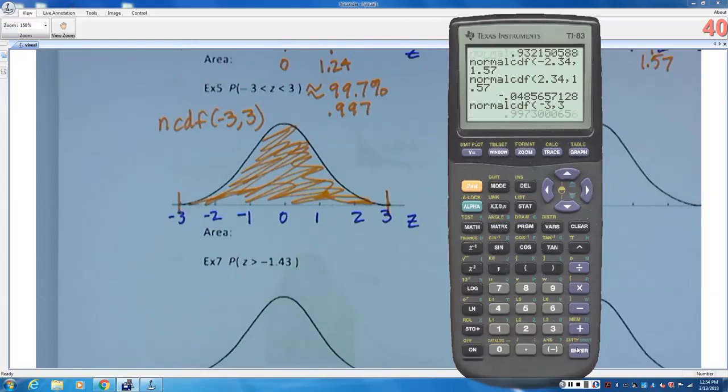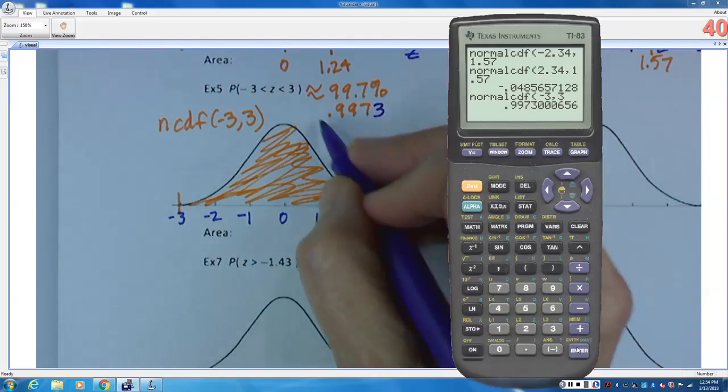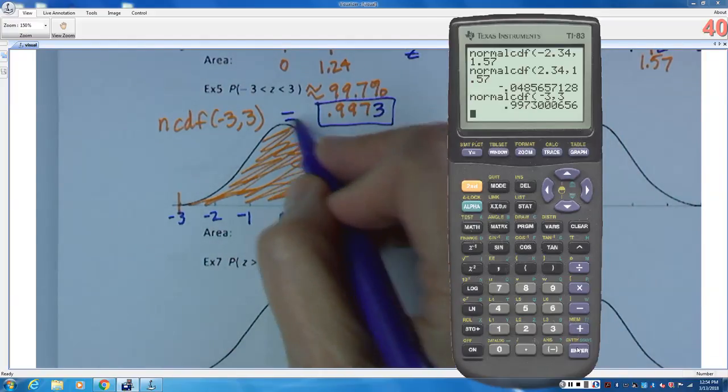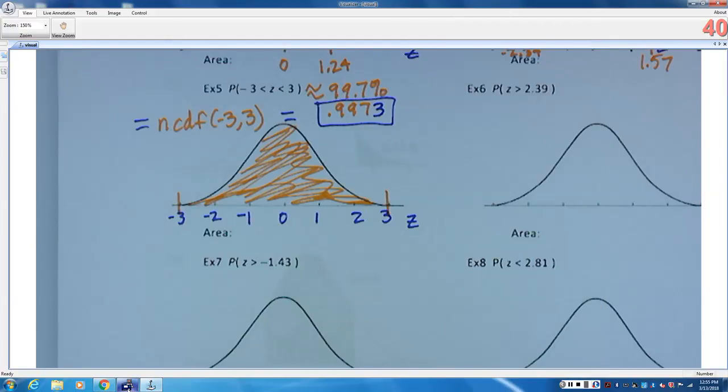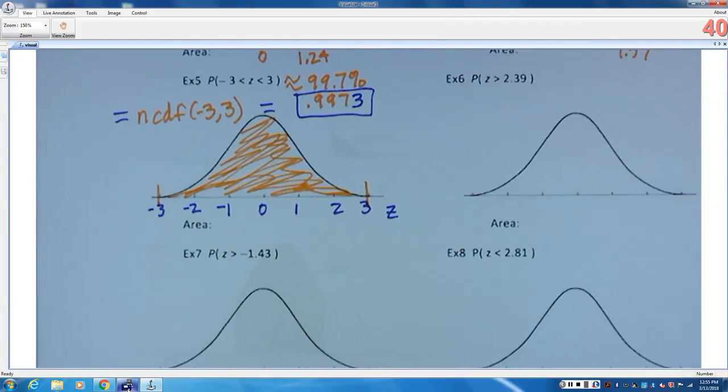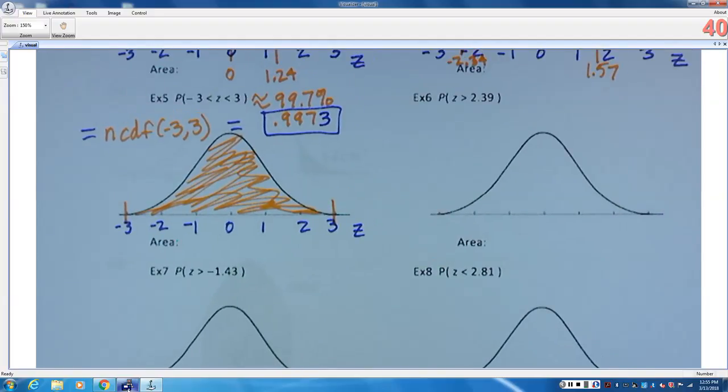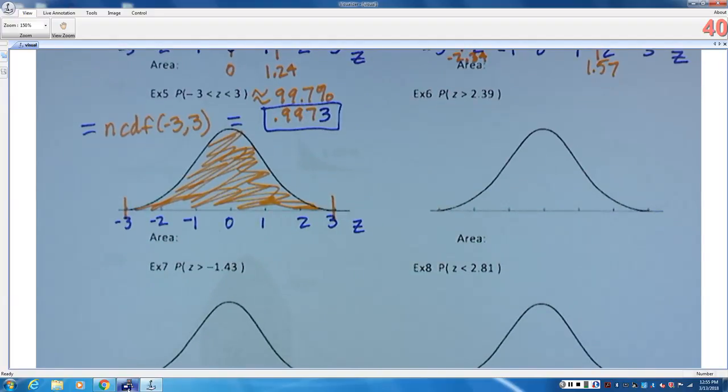And that last digit is a 3. Okay, we wanted 4 decimal places, unless it's using the empirical rule, then we only take 2 or 3.